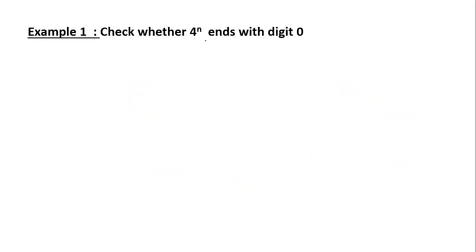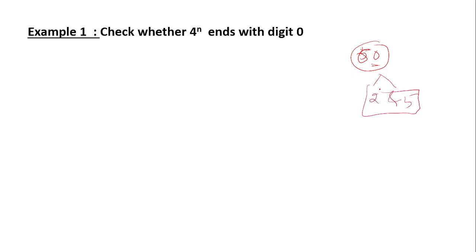Check whether 4 to the power n ends with digit 0. So suppose a number, that is 50 or that is 60. For any number to end with digit 0, there must be two factors, 2 and 5.